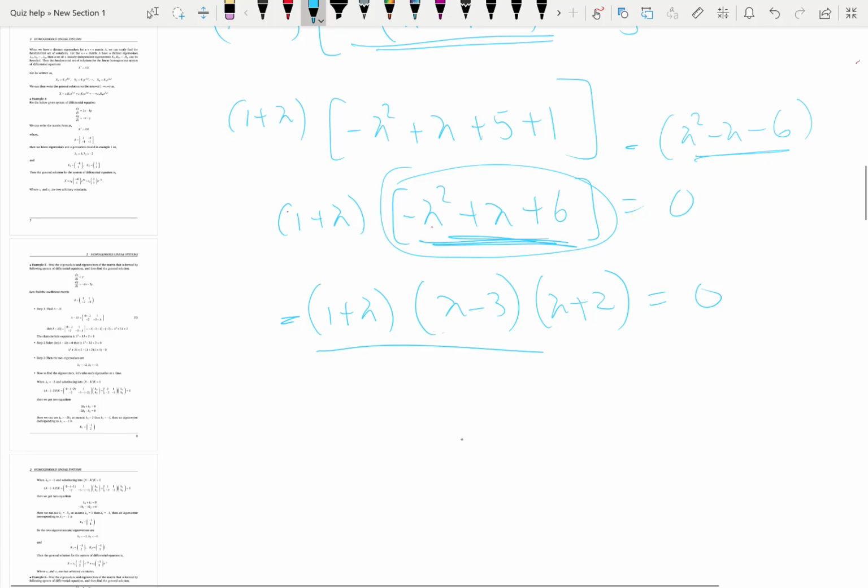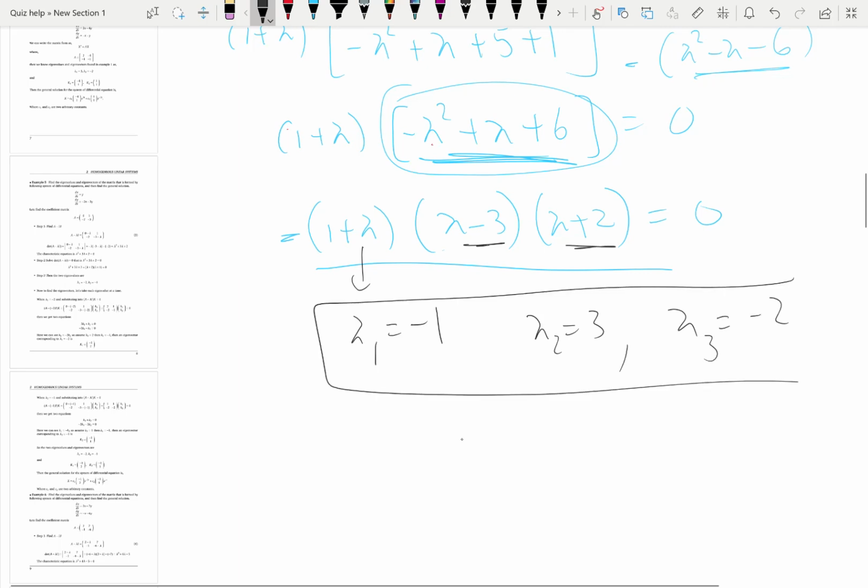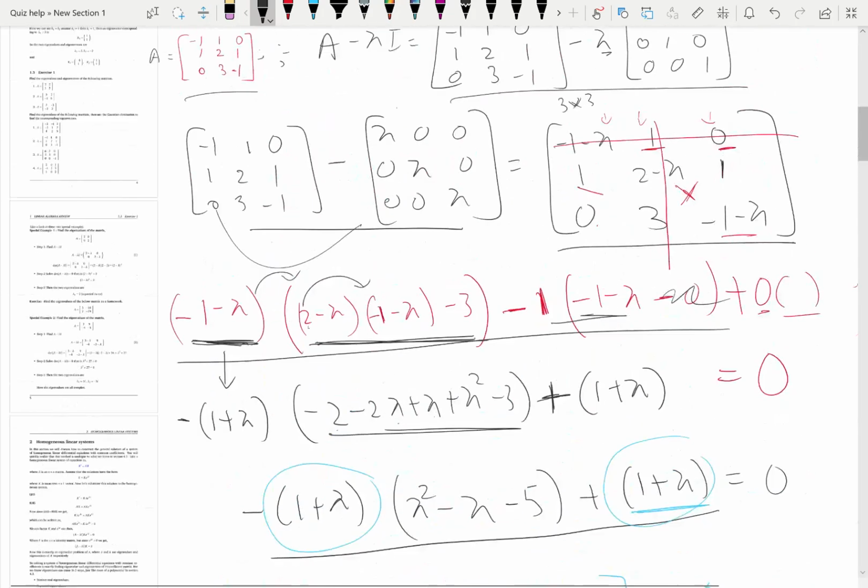So we get this polynomial fully factorized. That is exactly what you need to do when you have a 3 by 3 matrix. So what are the eigenvalues? From here lambda 1 is negative 1, from here lambda 2 is 3, from here lambda 3 is negative 2. These are the 3 eigenvalues for the matrix that is given here.